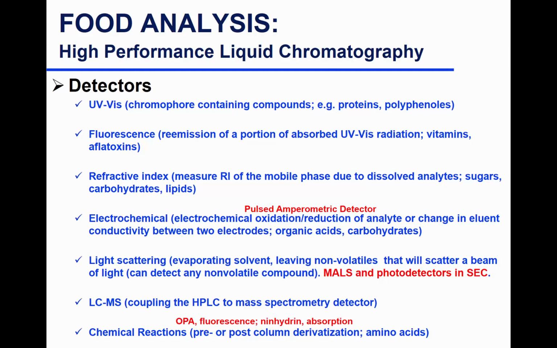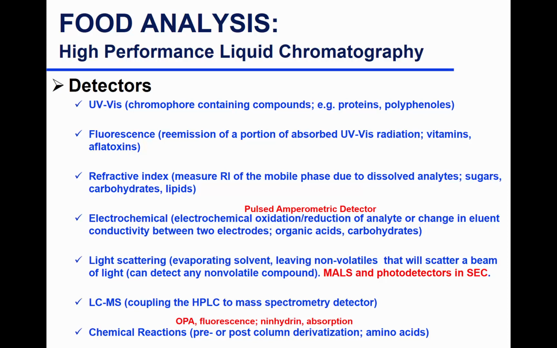So fluorescence is more sensitive than UV absorption. So you can get concentrations at lower thresholds. So it's a really powerful tool if the compounds that you're measuring actually are capable of emitting radiation. And we'll talk more about absorption and emission of radiation next week.